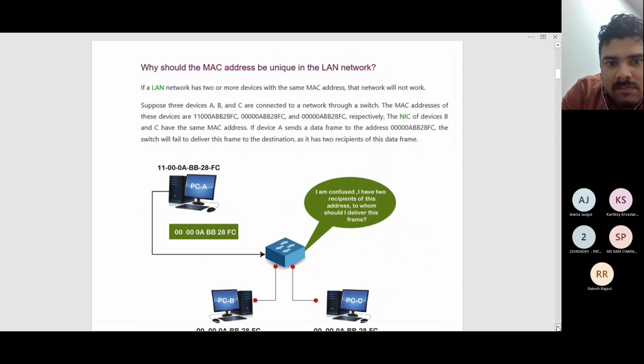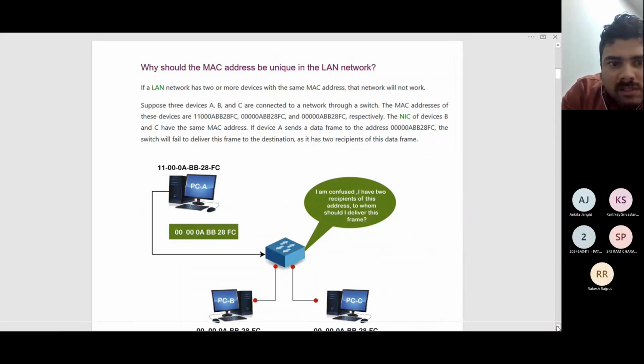Suppose the three devices A, B, and C are connected to a network through a switch. The MAC addresses of these devices are different for the first one, then the second one, and the third one respectively.